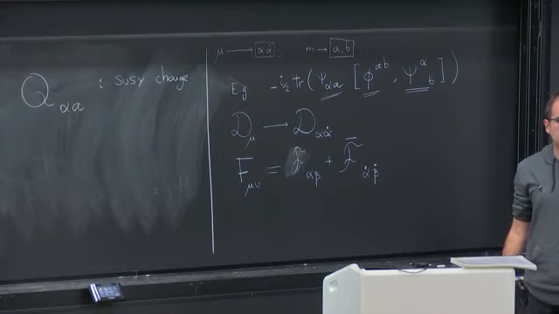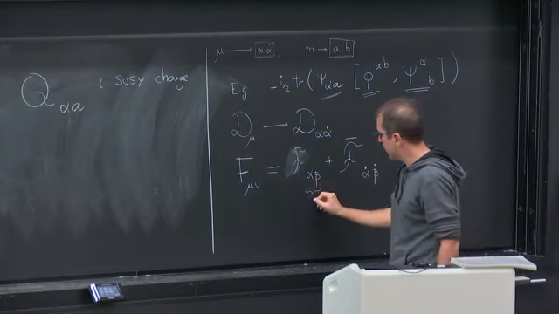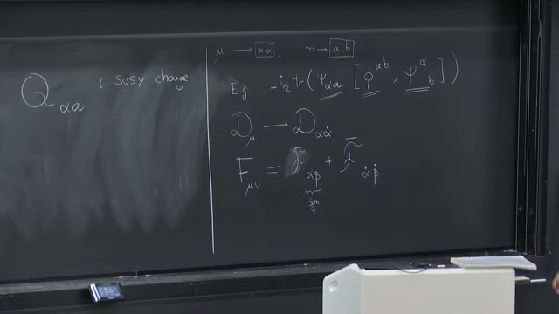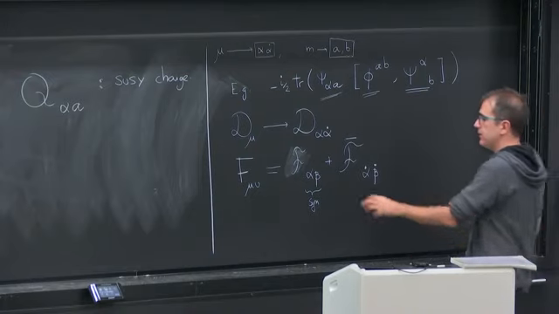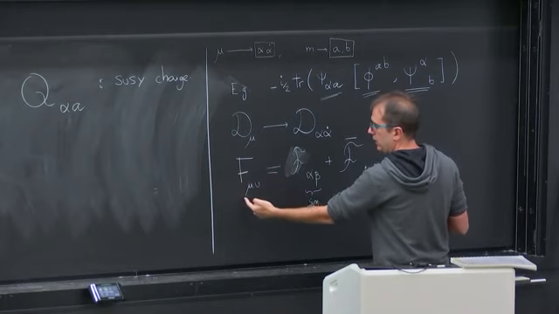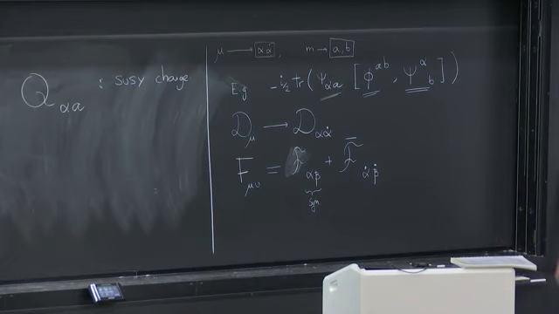Is it okay? So these guys now are symmetric. I can define this object and this object. When you decompose into alpha and alpha dot, you see that it splits like this.